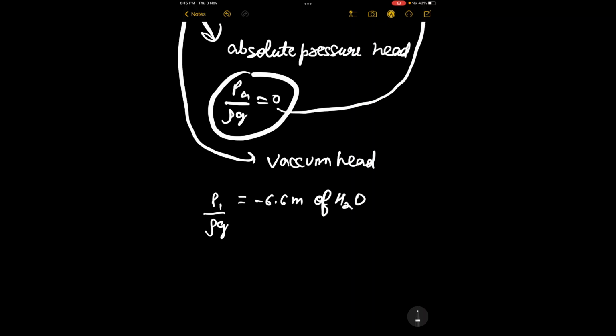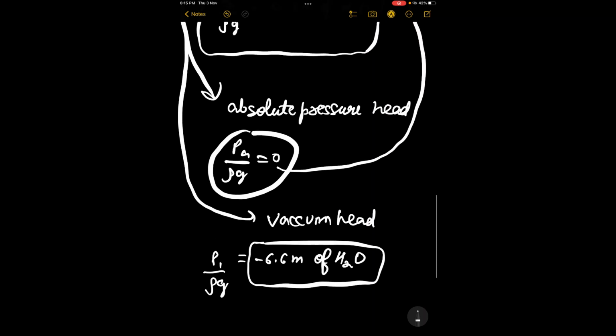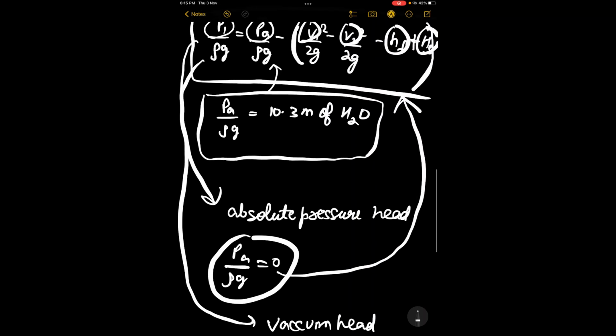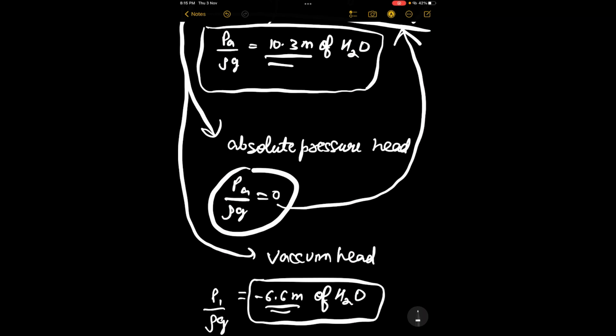That is the pressure head at the entrance of the draft tube. So make sure you choose these two values very carefully, because whichever value you choose, it will give a different answer. Alright, so now let's end this, and hope you understand the draft tube very well. So thank you.